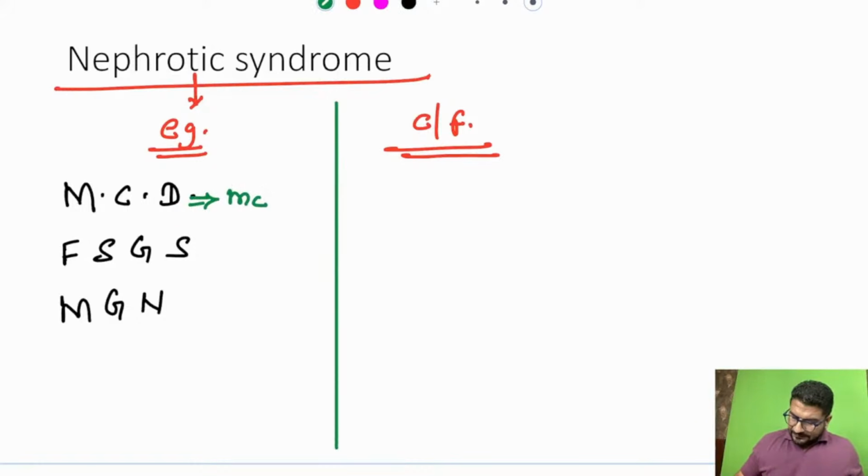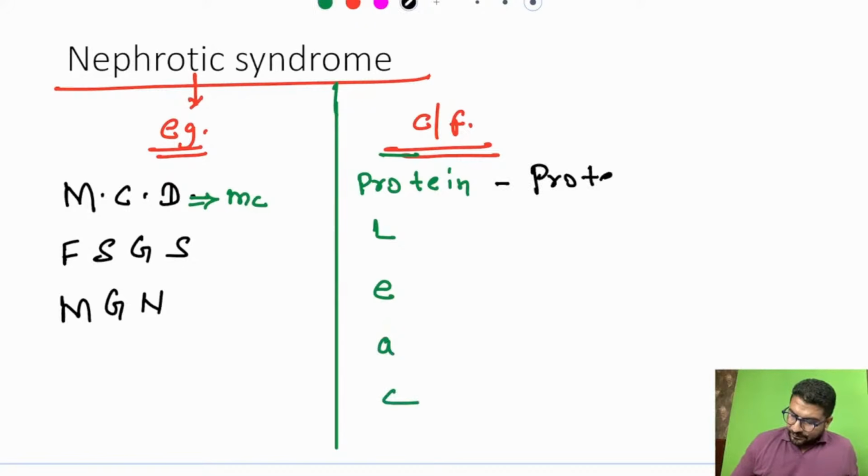Now understand, in all these nephrotic syndromes you will have common clinical features, and you can remember these features by a mnemonic: protein leak. Protein leak means patient will have proteinuria. Leak means lipiduria.